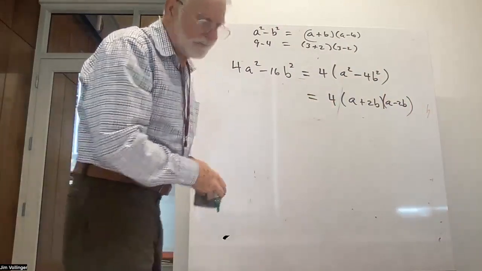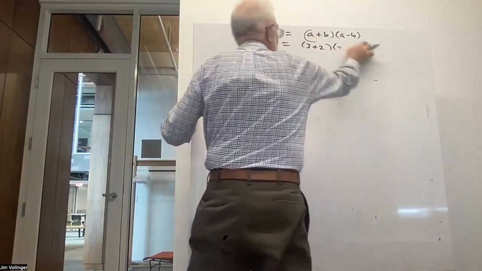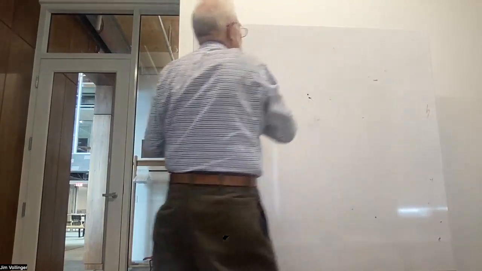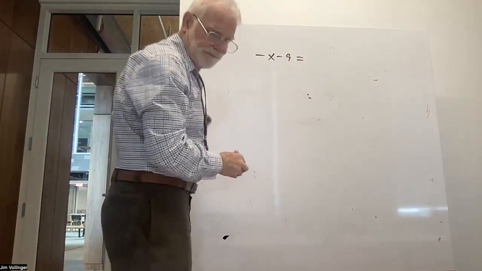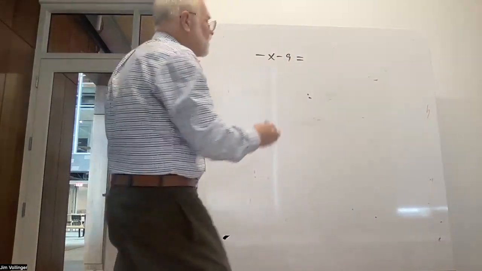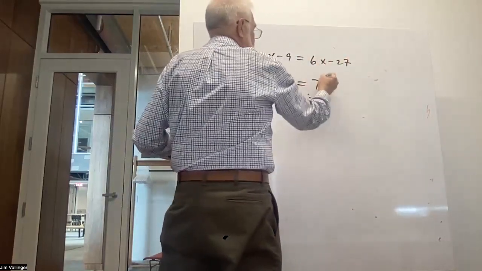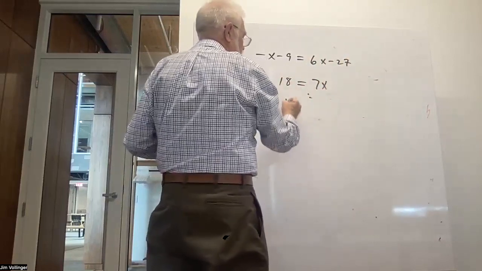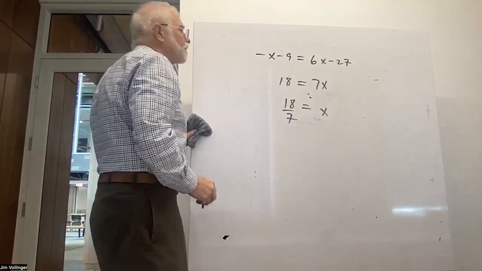All righty. Now we've got two lines intersecting and we want to find the x value. So I'm just going to do it mechanically. Minus x minus 9 equals 6x minus 27. I think the sharpest way to solve this is to say 7x equals 18. 18 divided by 7 isolates x.